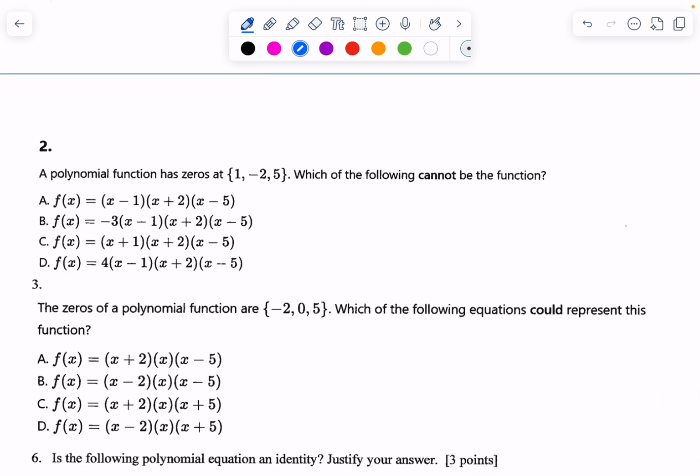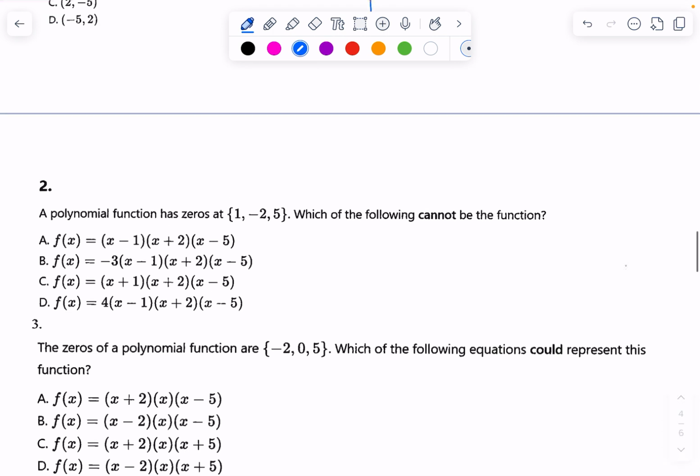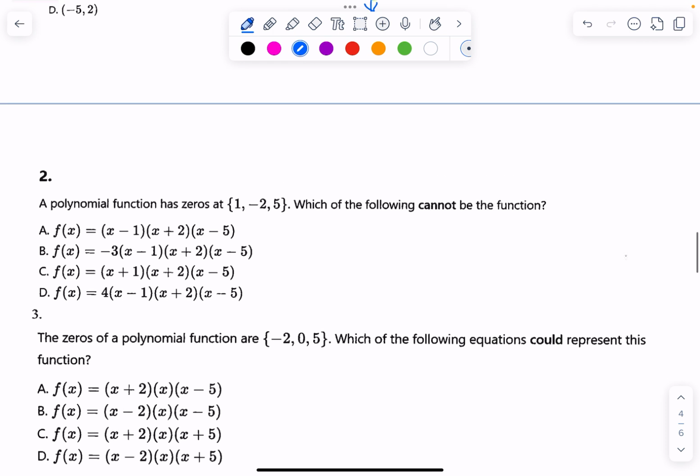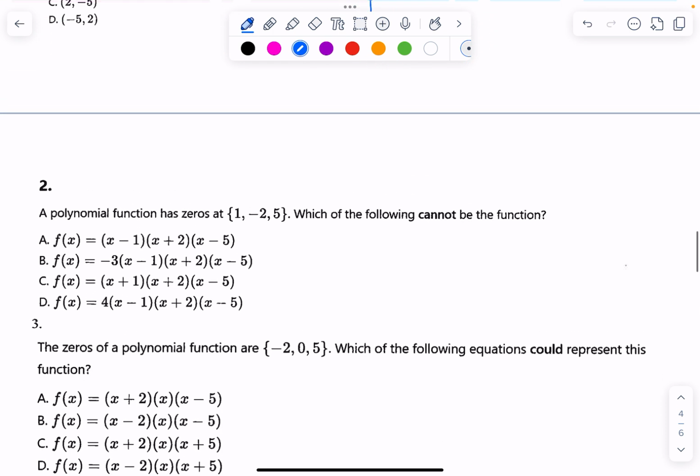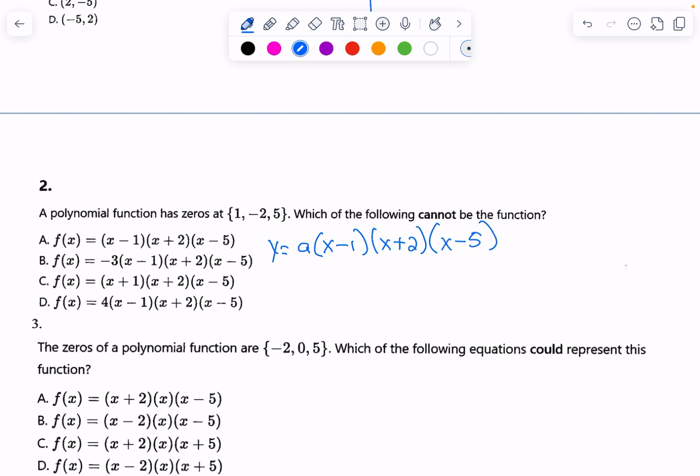All right, which of the following cannot be this function, right? So you have y is equal to a, well, yeah, I should put a. All these a's, oh, there is a negative one there, right? So a times x minus 1, x plus 2, and x minus 5, right?